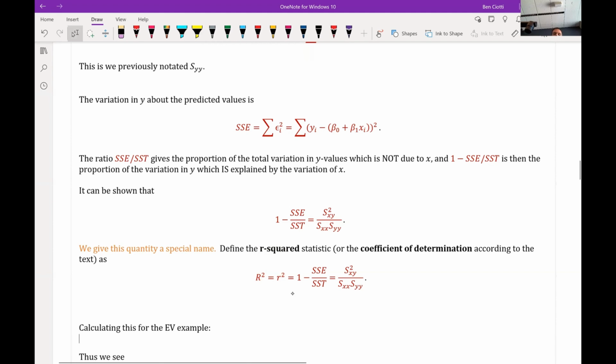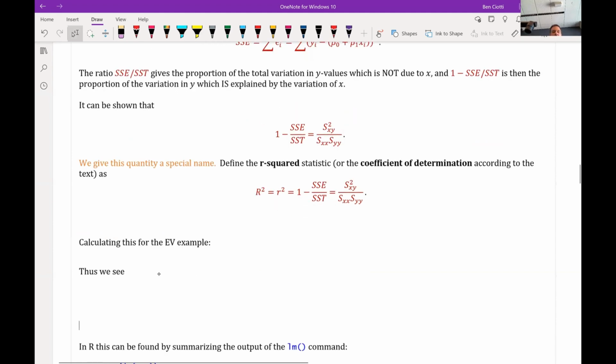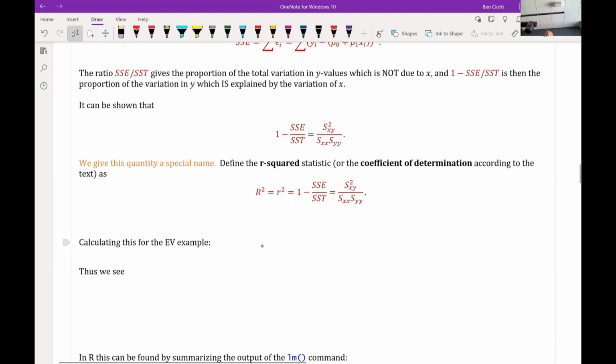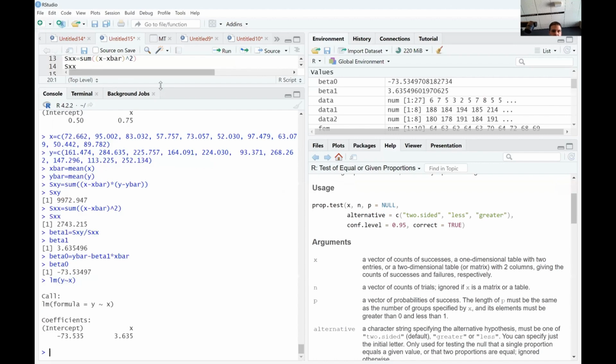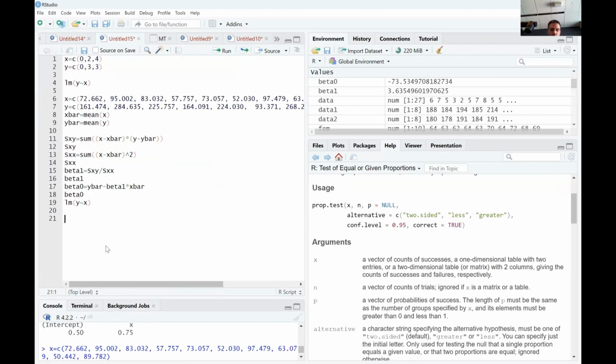So let's see what proportion of the variance in mileages is explained by the variation in charges. I'm going to need S sub yy. So S sub yy, that would be the sum of the squares of the deviations in the y values.